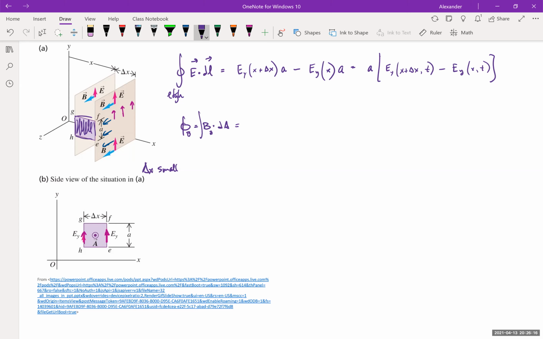So we're talking about a particular magnitude Bz times the area of that rectangle.